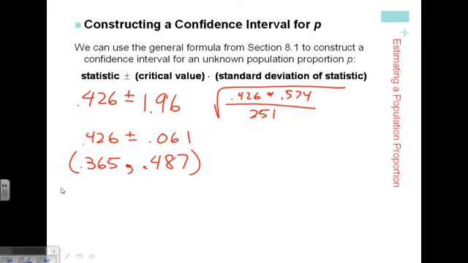Yes, Megan. How do you know to use 95%? It is going to be given to you as part of the problem. When they say construct the confidence interval, they will say construct a 95% confidence interval. Here is the rule though. If we don't tell you what confidence level to calculate, 95 is the one to go with.